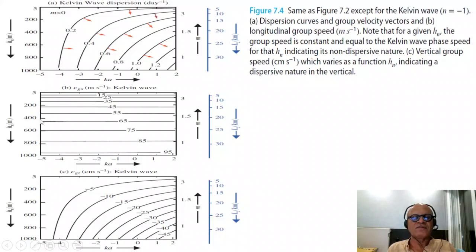And this is what you have to remember, the non-dispersive Kelvin waves. Whereas in the vertical, you still have this relation that is not flat like this. So you have the relation between short Kelvin waves and long Kelvin waves, and the dependence on the equivalent depth for the vertical group velocity is much stronger and non-linear.